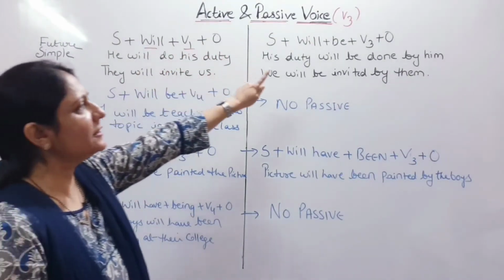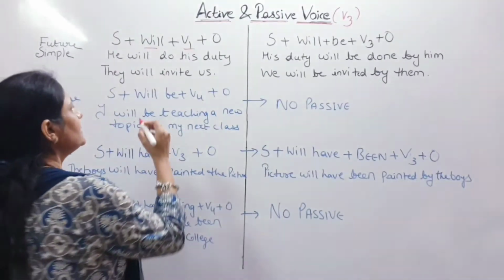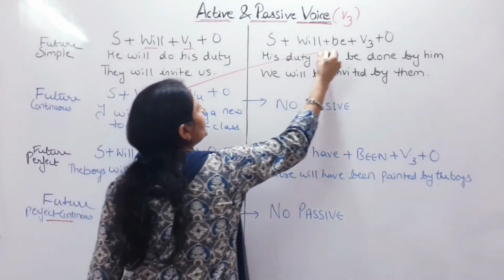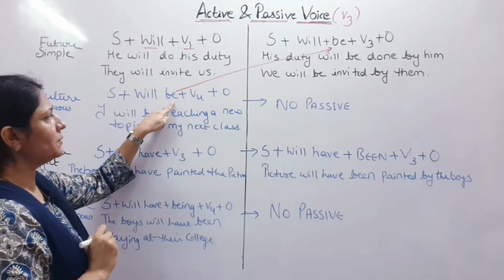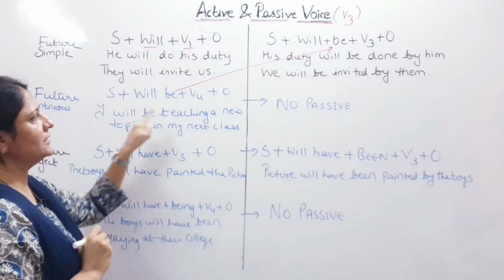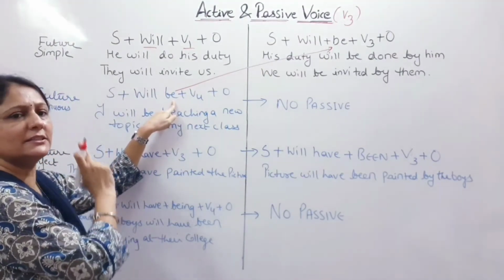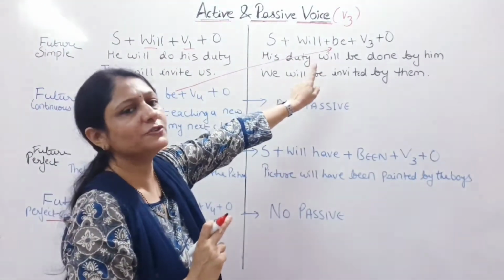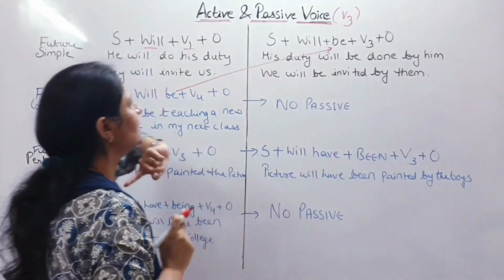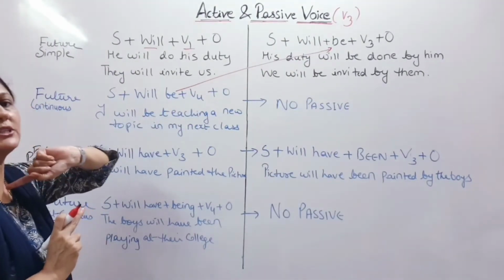Similarly, in the passive voice of future simple tense, the helping verb will be transferred. Will के साथ में be लगता है in future continuous tense. ये जो be होता है, like in simple present and simple past, we transfer this be to the passive voice of simple future tense. Then the verb form remains V3 and the object like we did before.